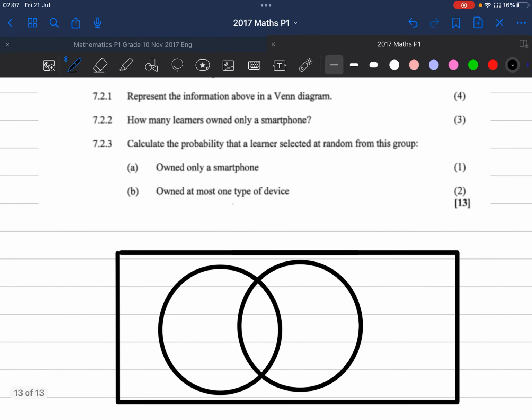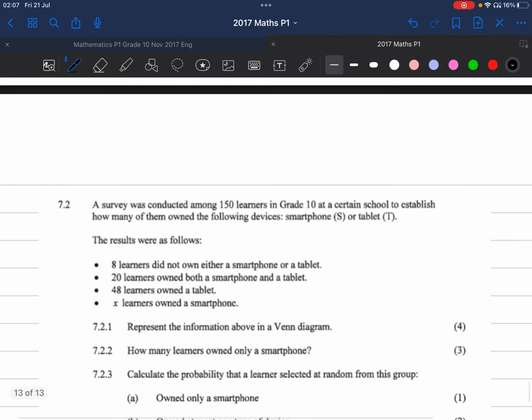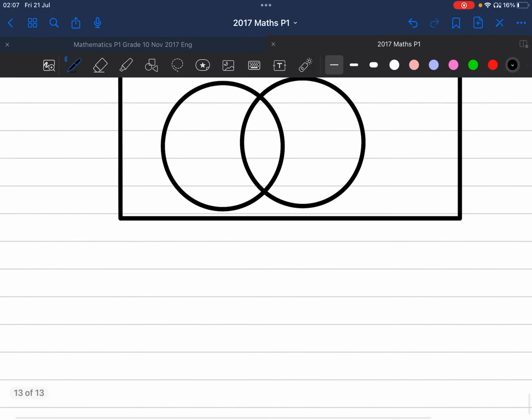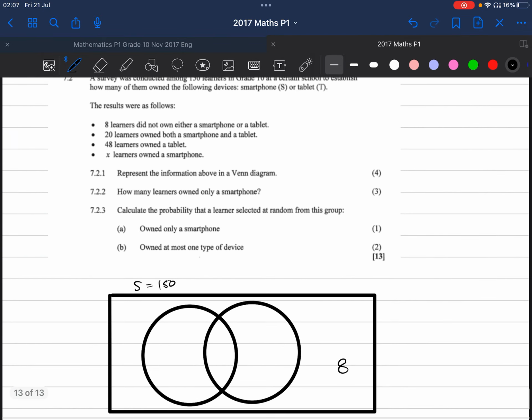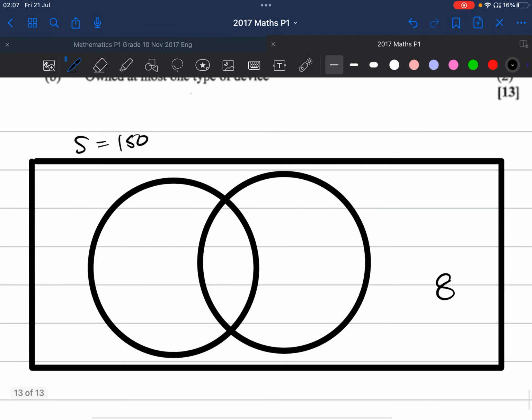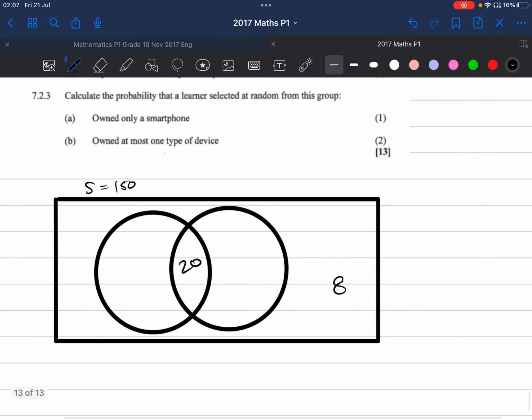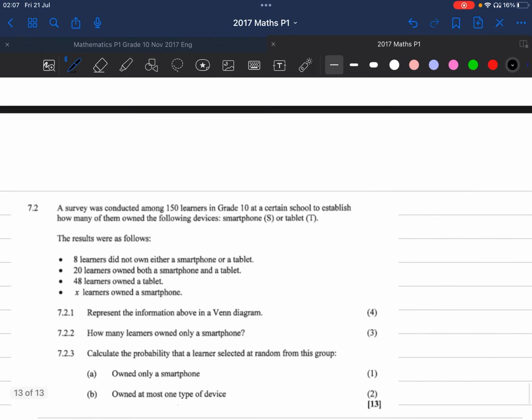Our total sample is 150. So we say S is 150. Okay. 8 learners did not own either. So 8 is outside of the two circles. Okay. 20 owned both. So 20 can go there. And let's call this here smartphone. Let's call this tablet.